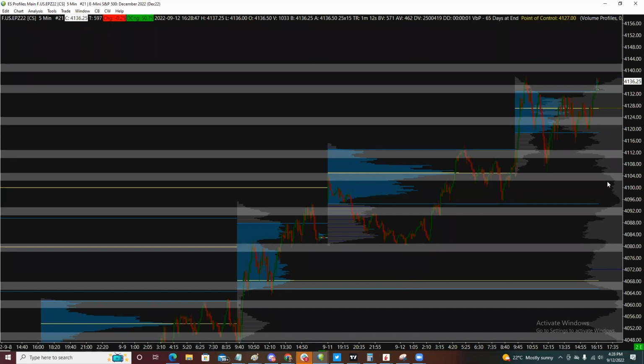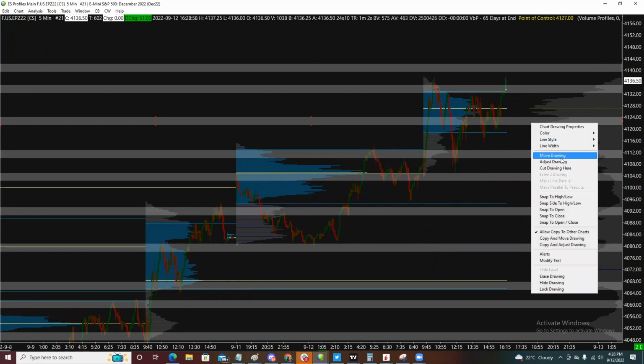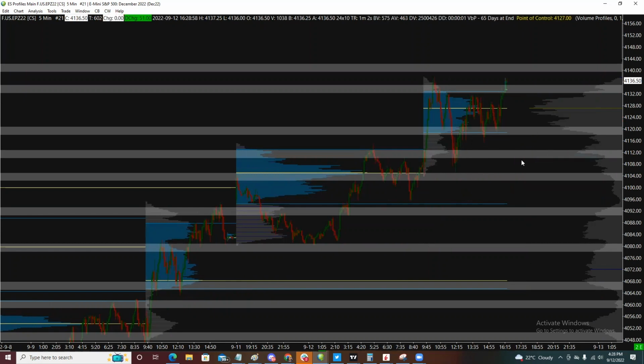So where these ledges appear, you can have your support resistance areas there, your areas of interest to trade, right? But at the same time, we also have to understand that we have to keep an eye on what the distributions look like and how they give us directionality in this market.